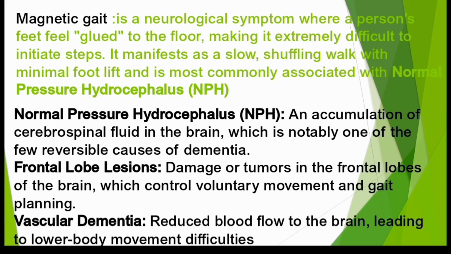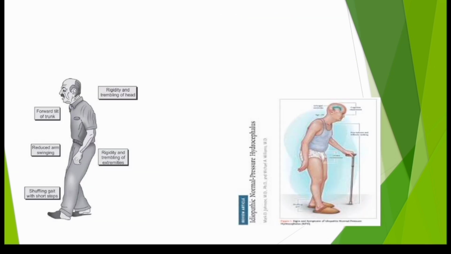So you can see in the picture the person is walking with very difficulty, a shuffling gait with short steps, then reduced arm swing, again rigidity and trembling of the head, forward tilt of the trunk. You can notice all of them in the magnetic gait patient.